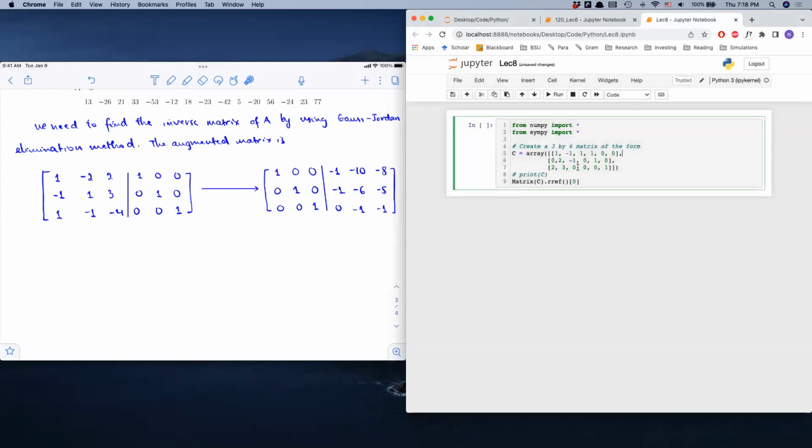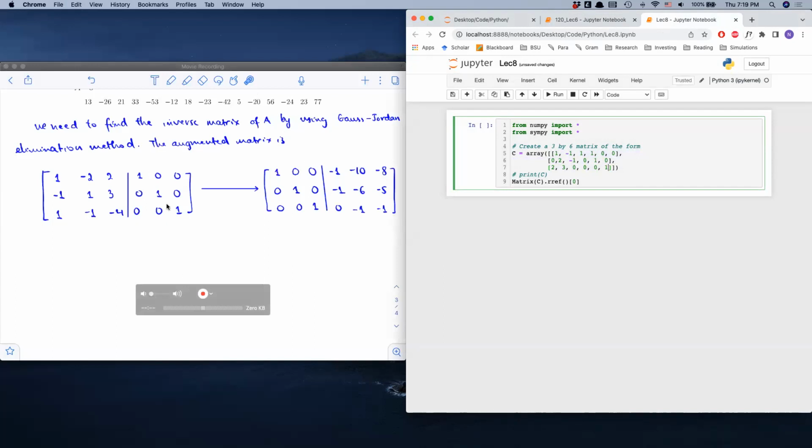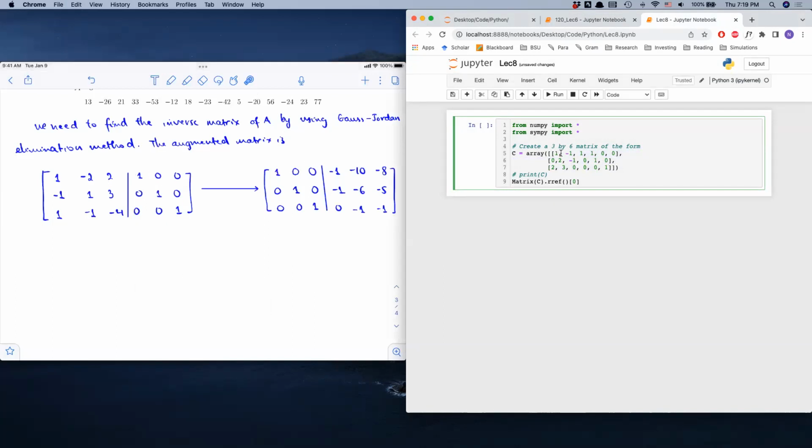Okay, so everything's going to be the same, except that I'm going to change the augmented matrix into this one. Okay, so the first row is 1, -2, +2, 1, 0, 0. The second row is -1, 1, and +3, and also 0, 1, 0.